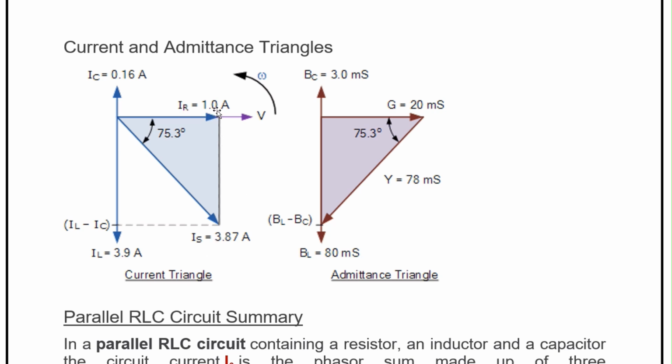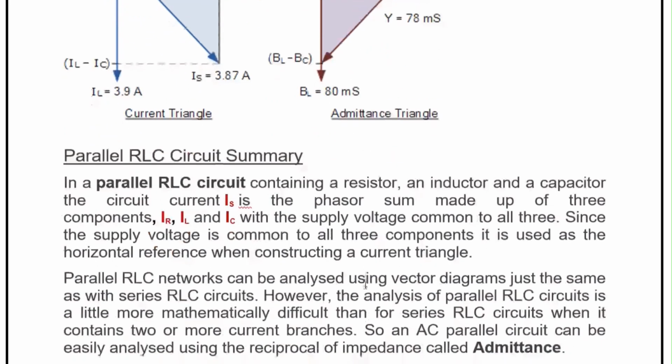So this is the phasor diagram for that, and this is the phasor diagram of the admittance triangle. So BC is 3 millisiemens, BL is 80 millisiemens, and the difference is 80 minus 3, that is 77 millisiemens, and 20 millisiemens is this. So the diagonal is 78 millisiemens. This is the admittance triangle.